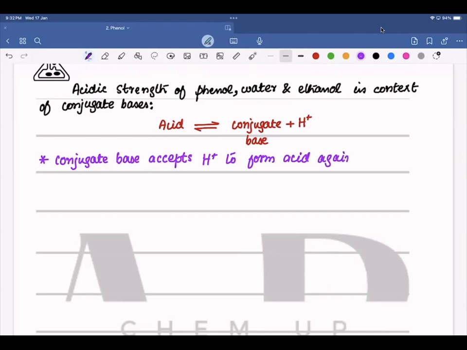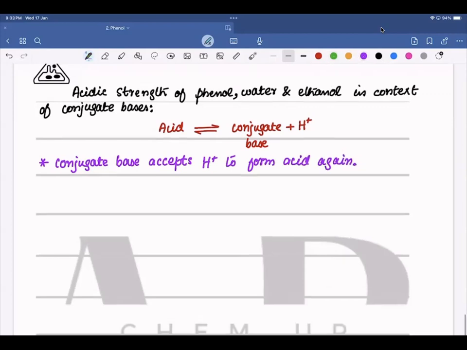So now think, first, how does it accept the hydrogen ion? Because a hydrogen ion has no lone pair, the conjugate base accepts it by providing or sharing a lone pair of electrons. Now think of two conjugate bases. One has a very high tendency to accept a hydrogen ion.